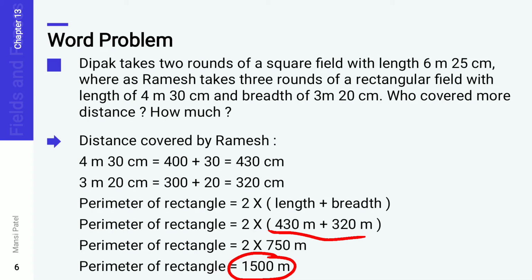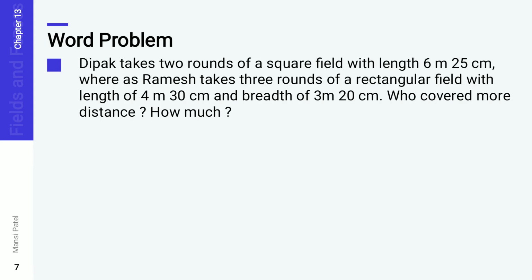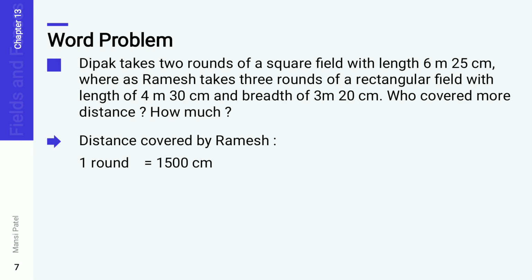Now how many rounds did Ramesh take? 3 rounds. So we have to find out the distance covered in 3 rounds. The distance covered by Ramesh in one round is 1500 centimeter, and Ramesh takes 3 rounds. So 3 rounds is equal to question mark. Now do the multiplication. The number which is written in the cross, do the multiplication.